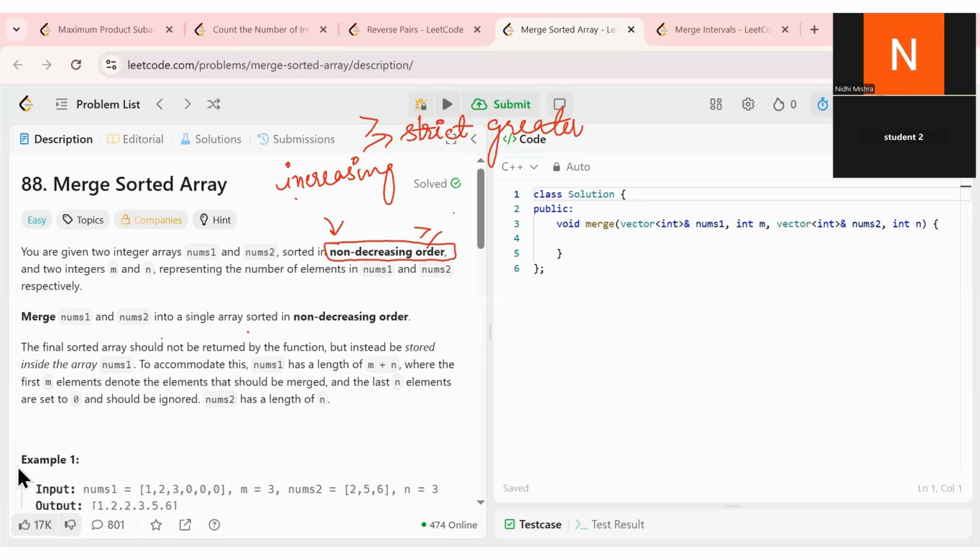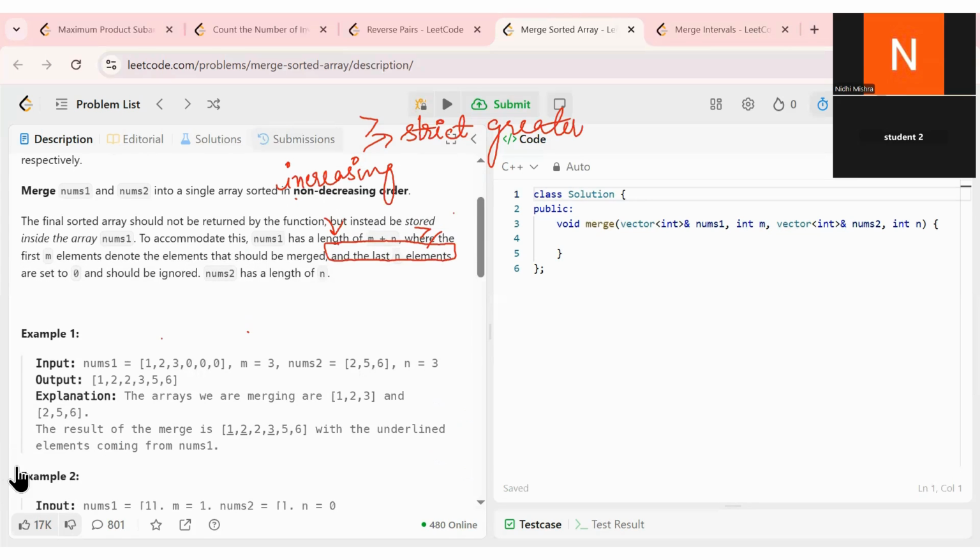We can use the logic that we use in merge sort. We'll initiate two indices, one for nums1 and one for nums2.